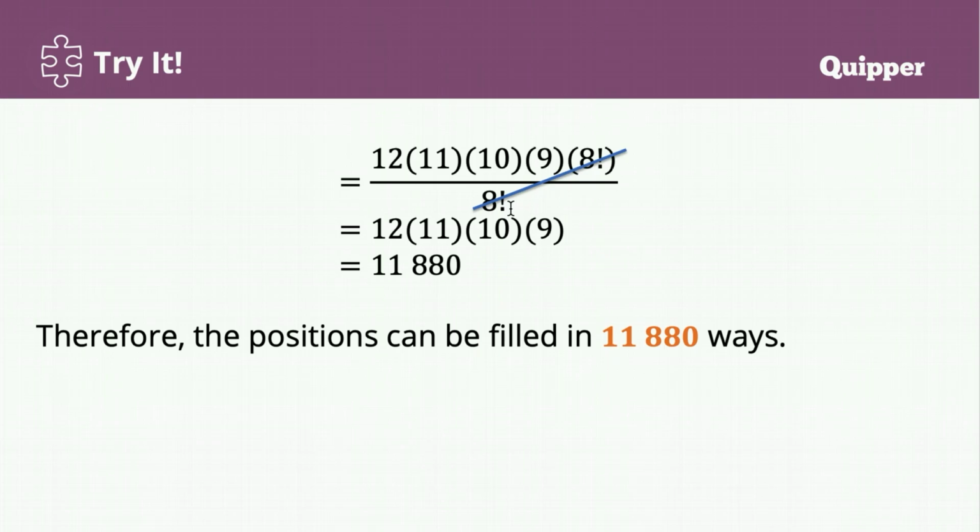then simplify the numerator. 12 factorial is basically 12 times 11 times 10 times 9 times 8 up to 1. But since our denominator is 8 factorial, we will just end at 8 factorial so that we can cancel it out.